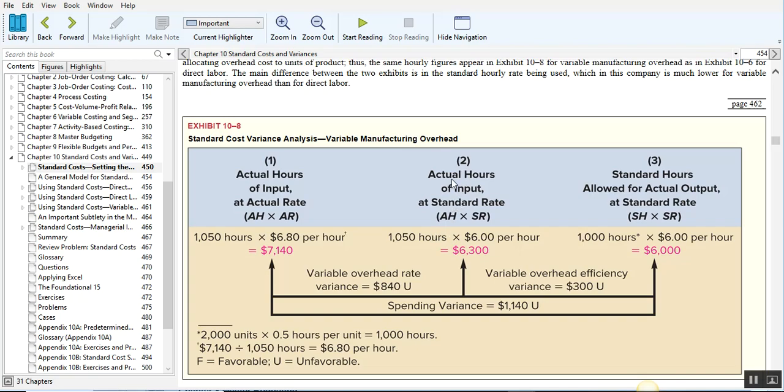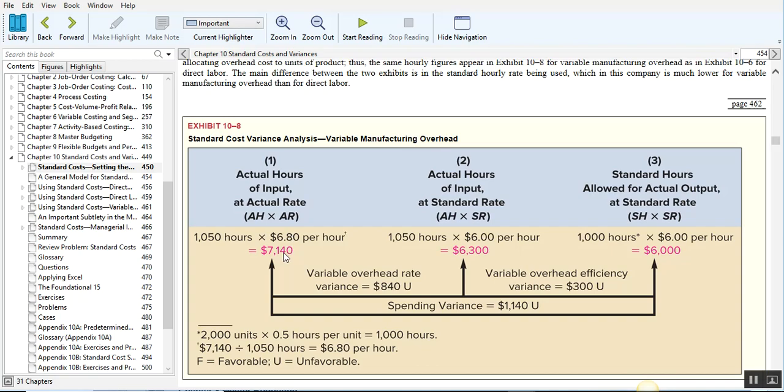Then we take the difference between the actual hours of input times the standard rate and the actual hours times the actual rate of input, the actual overhead rate. And so we're going to just take the same hours but use the actual overhead rate that resulted from what we actually incurred.